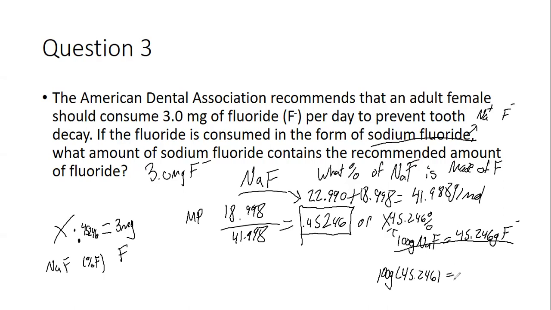And you get 100 times 45, which is like 4,500. So what you would be saying is that for every 100 grams of sodium fluoride, there's 4,500 grams of fluorine, which doesn't make sense.